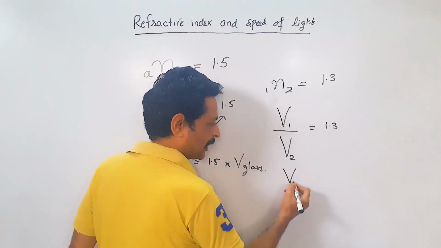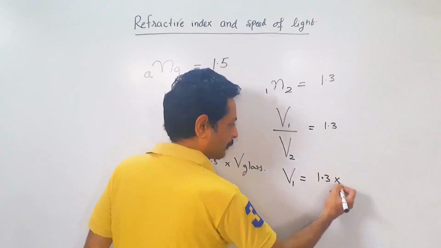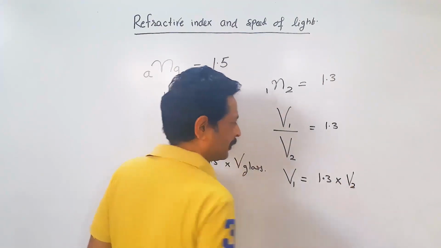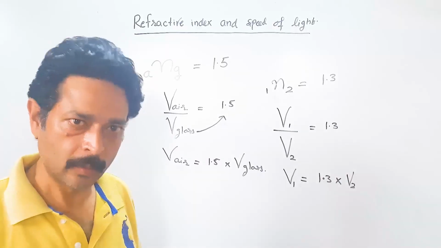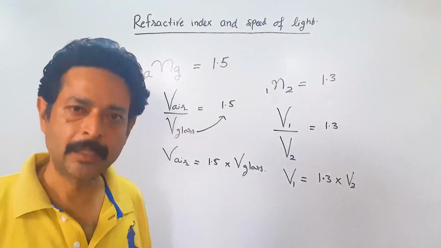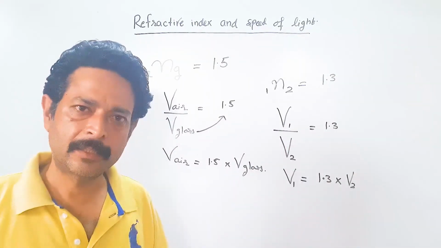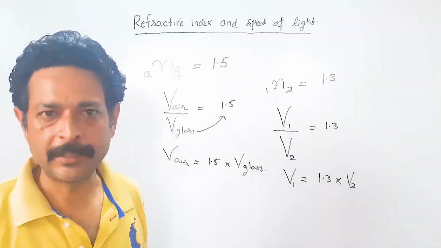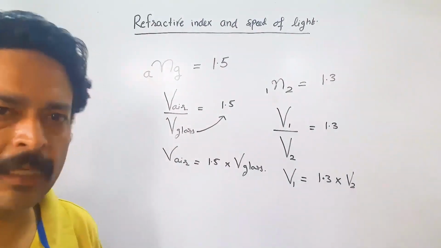So speed of light in first medium will be equal to 1.3 times the speed of light in second medium. Keep this point in mind. Refractive index represents how many times the speed of light in air or vacuum is greater than the speed of light in that medium. We have done the example of glass.